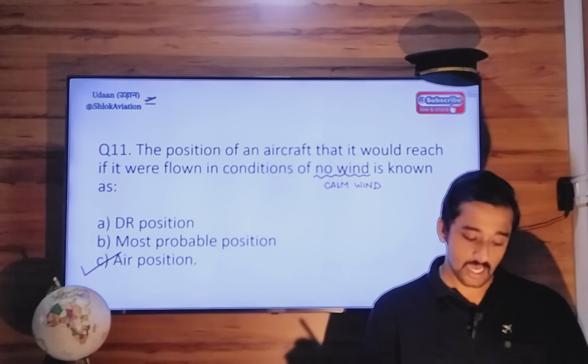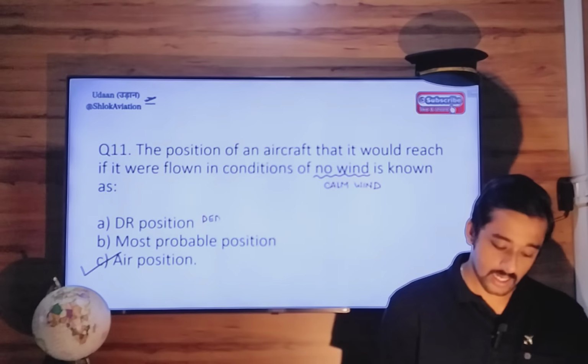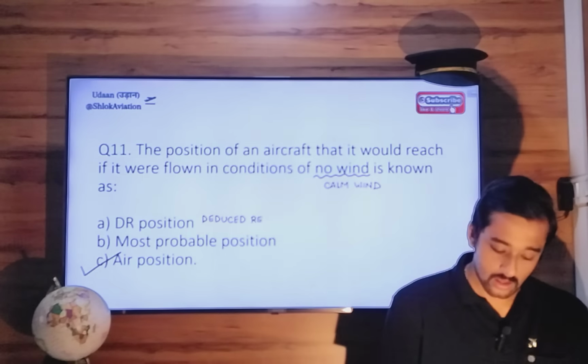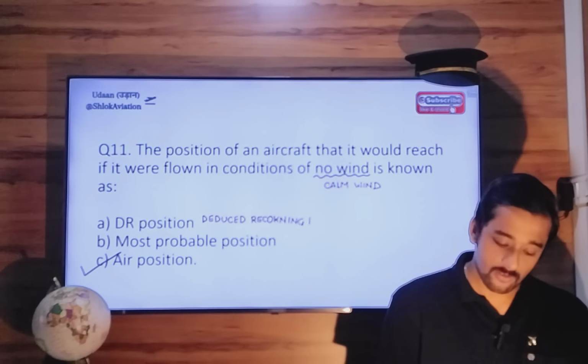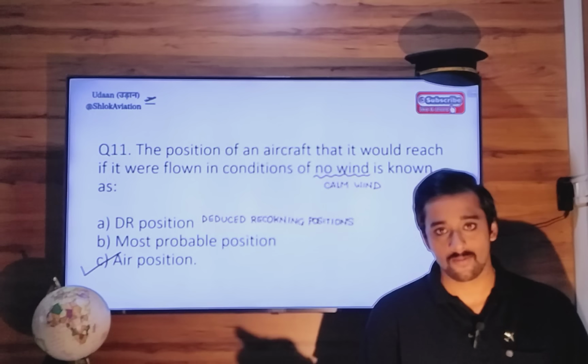Option A, DR position, is nothing but dead reckoning position. Dead reckoning position will happen when you are flying in windy conditions, like a headwind, tailwind, crosswind, whatever that is.